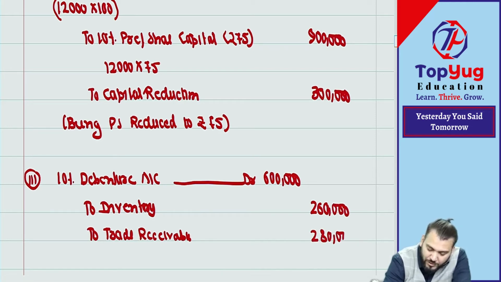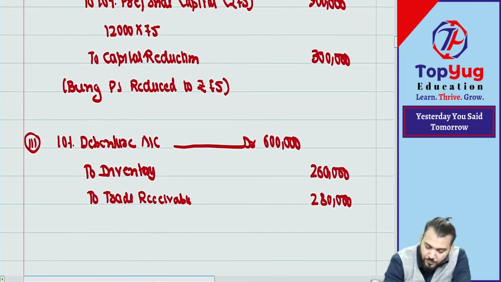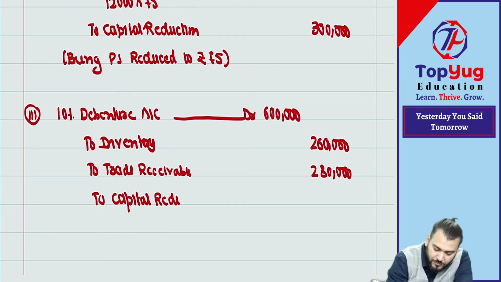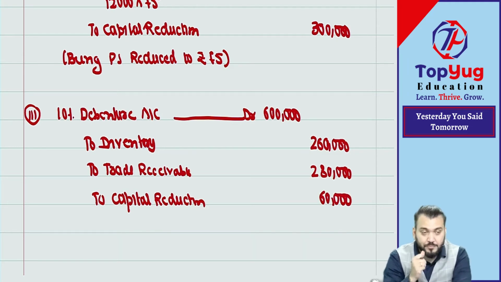Total is 5 lakh 40. The balance will be transferred to capital reduction, 60,000.